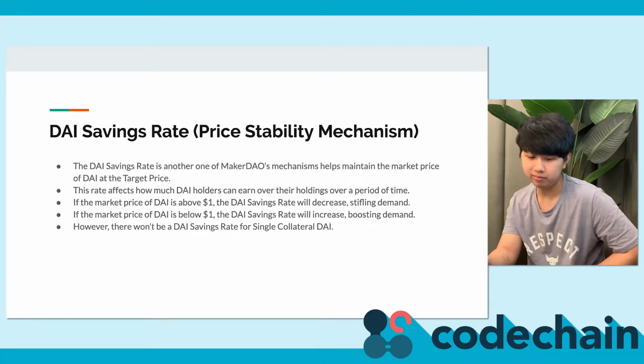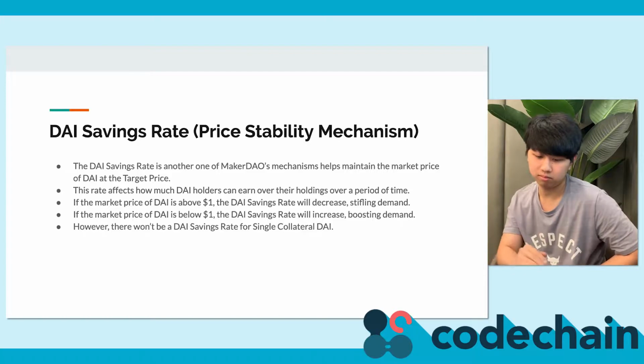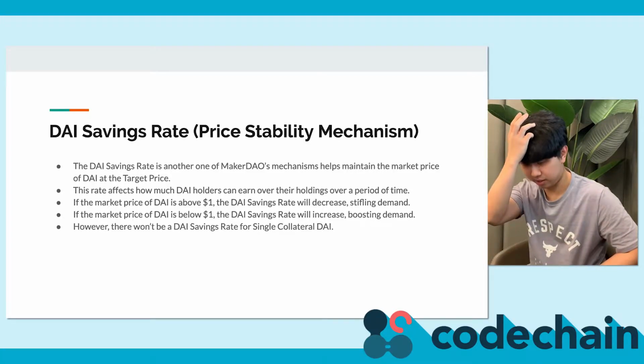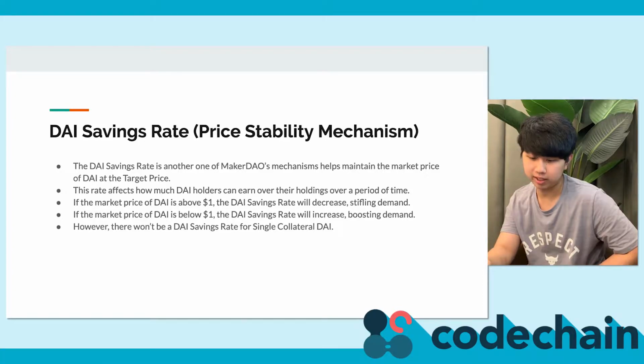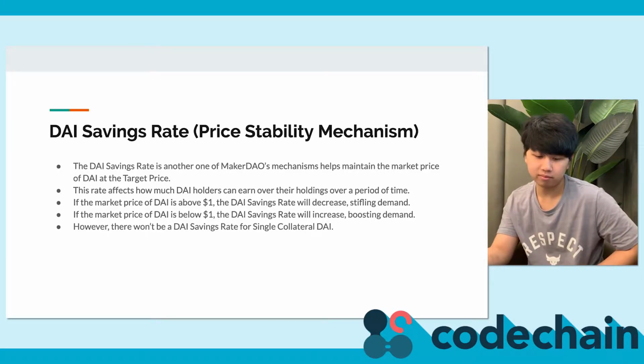So let's say the price of DAI is above $1, the DAI savings rate will go down, and this will decrease demand. Conversely, if the DAI price is below $1, then the DAI savings rate will increase, and this will ultimately boost demand.